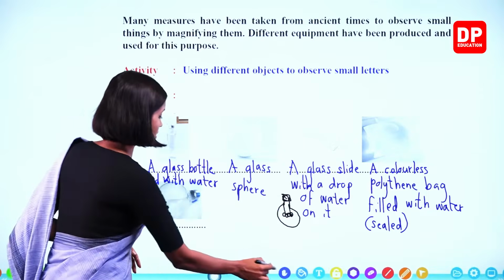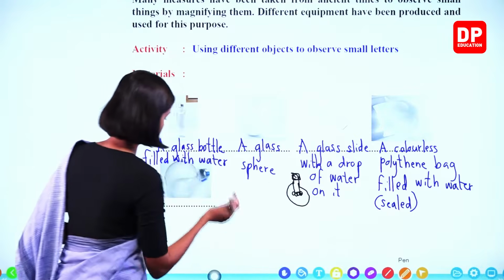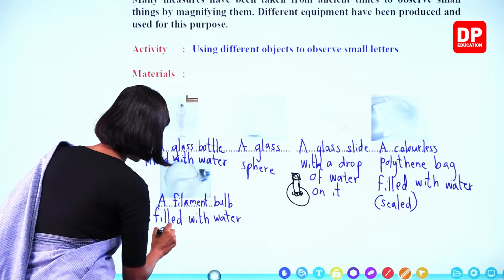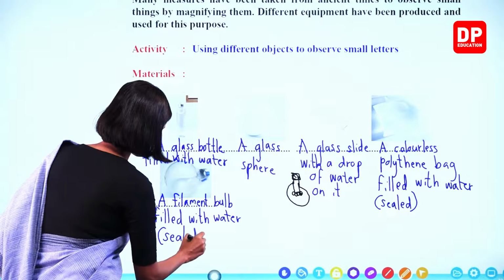Right, children, and finally we need a filament bulb filled with water. That also should be sealed. We can use wax to seal it.